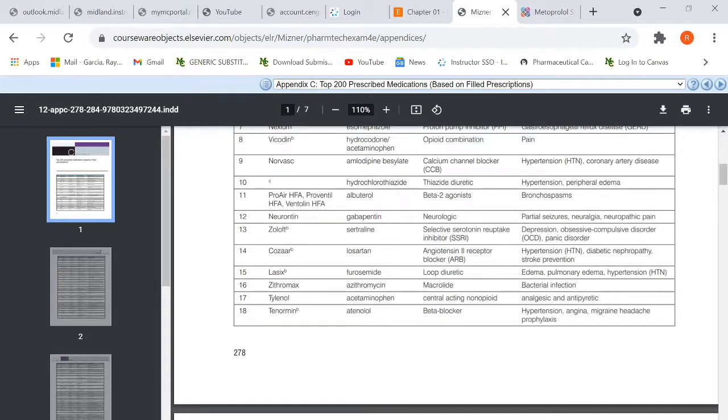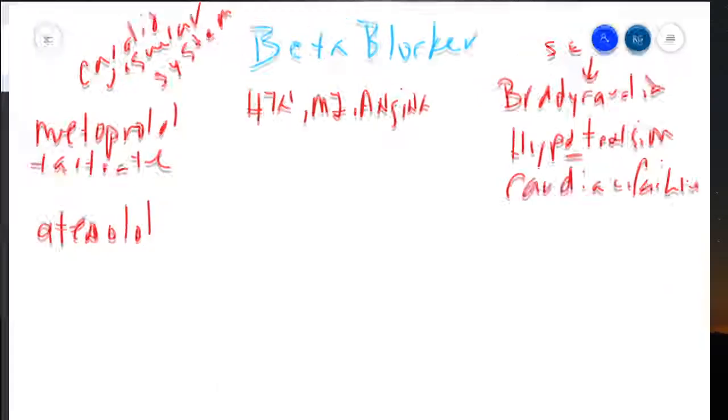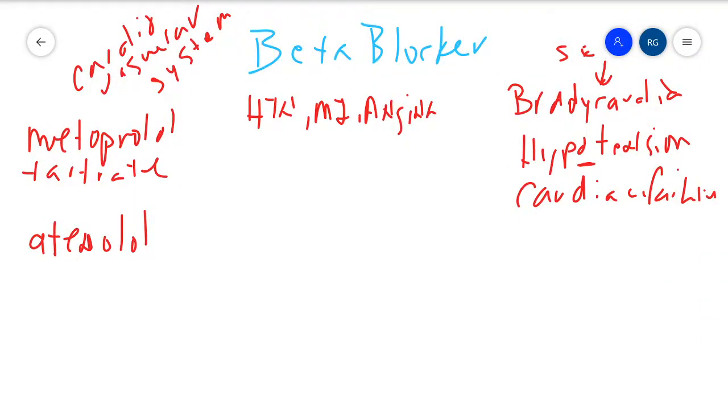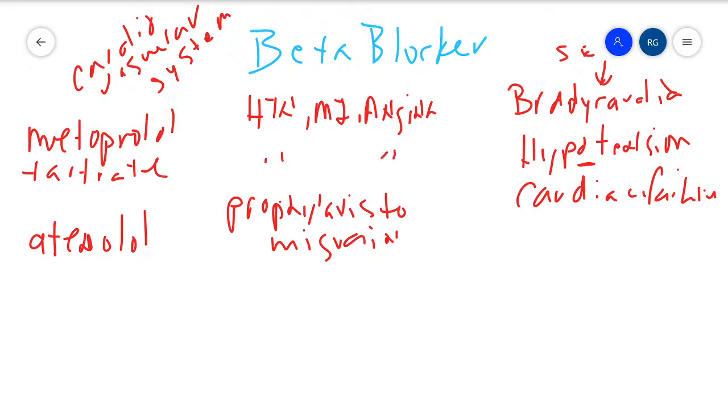For the most part, what's similar is hypertension and angina. Then I'll put prophylaxis to migraine. And it is also for hypertension and angina as well.